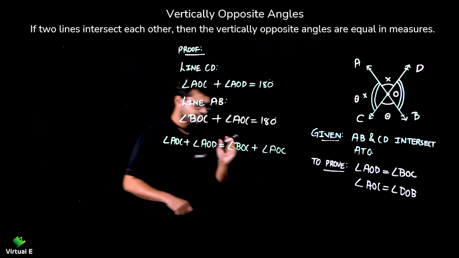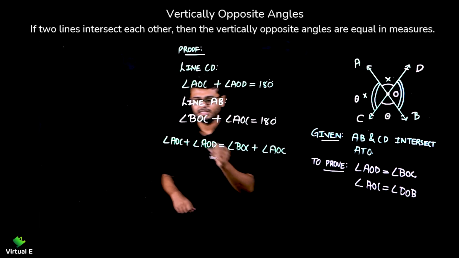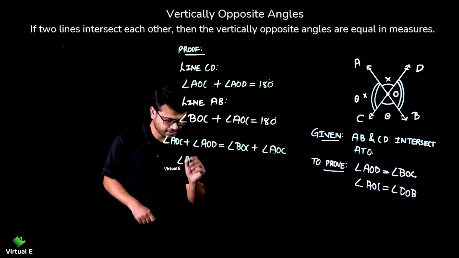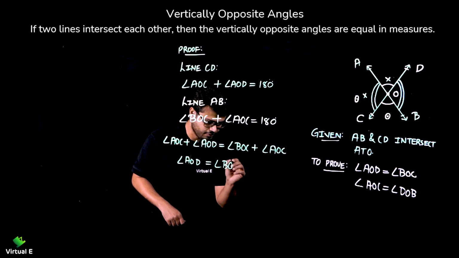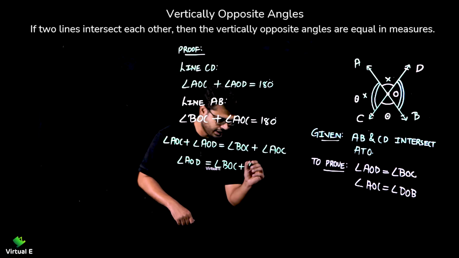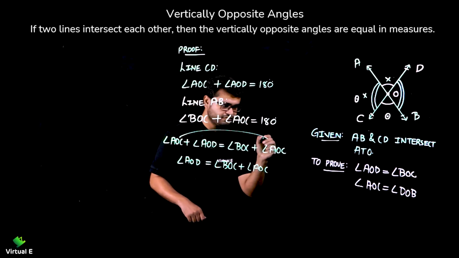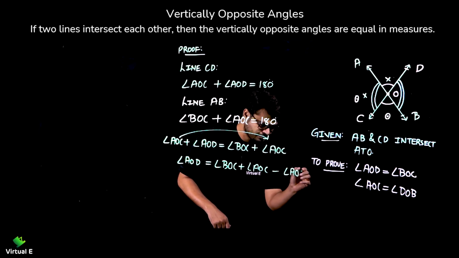Now see, AOC and AOC are on both sides. Let's shift one to the other side, so it will become negative. Angle AOD is equal to angle BOC plus angle AOC, and if I shift that over, it becomes minus angle AOC.